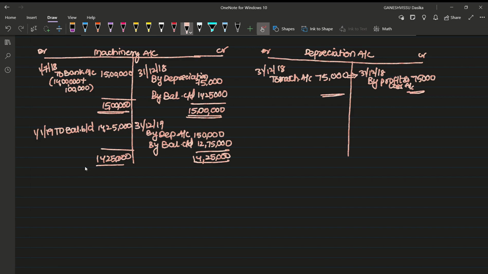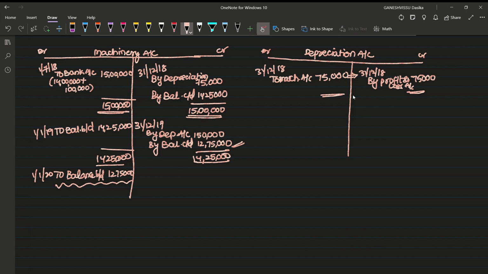And what is the amount we need to debit here? On 1st January 2020 we need to debit to balance brought down, which is 12 lakh 75,000. So this is what we need to complete the machinery account. Don't stop up to here only, you need to write this balance brought down also.